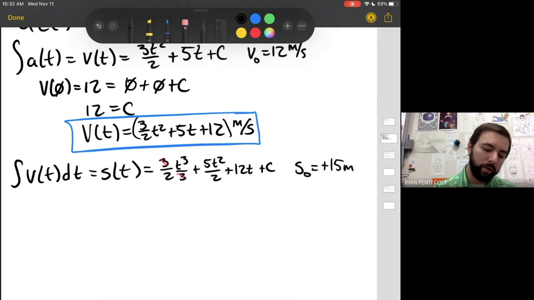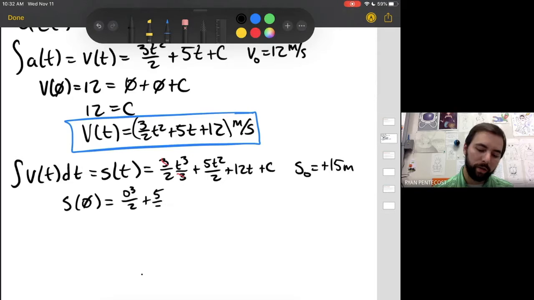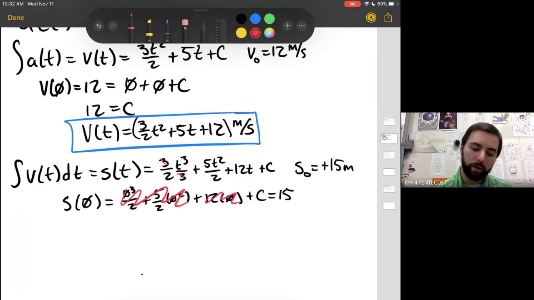So then we have s of 0 equals 0 cubed over 2 plus 5 over 2 times 0 squared plus 12 times 0 plus c, sorry, jumped the gun, equals 15. So then all of the zeros cancel, right? This is gone, this is gone. Then you are just left with c equals 15.